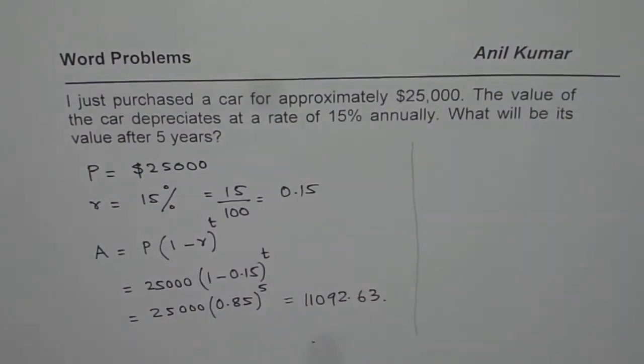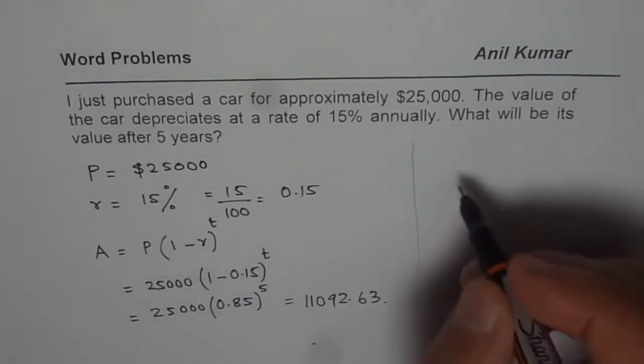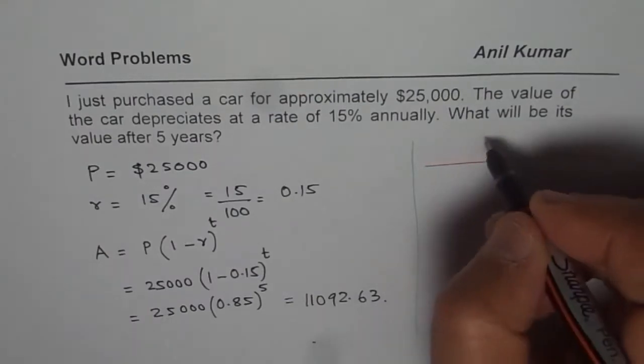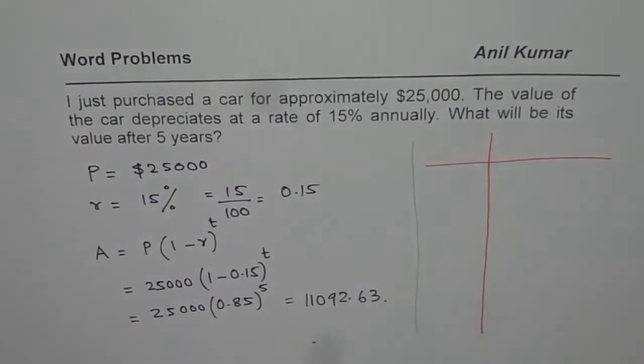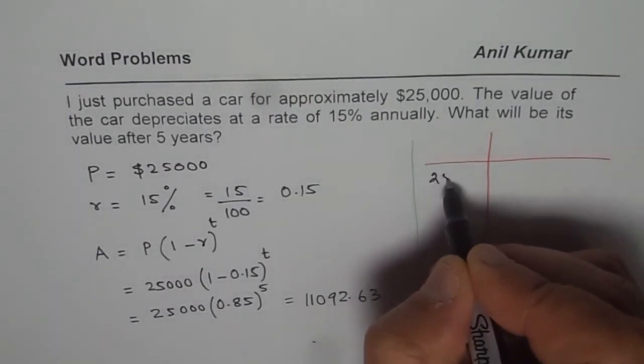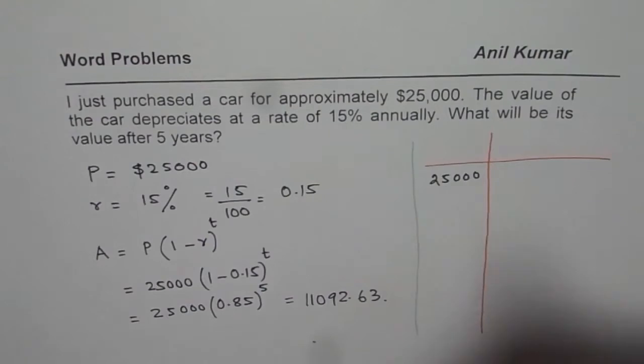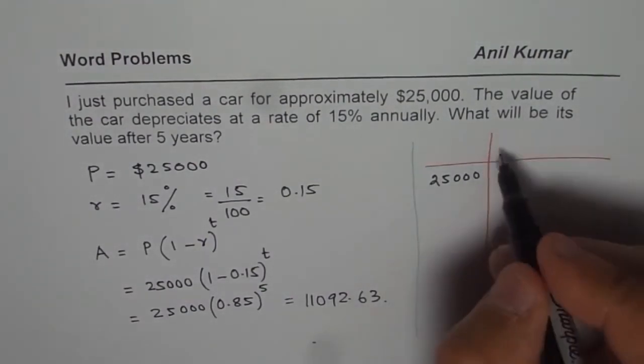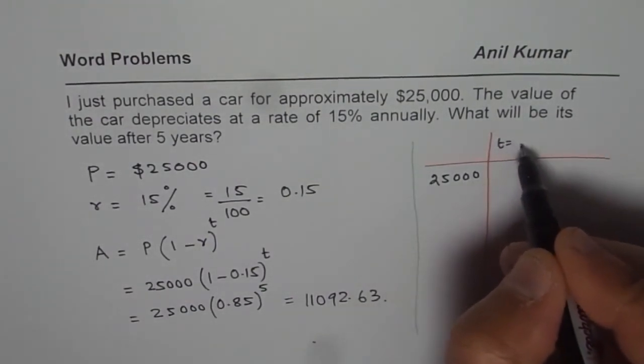Now using the formula, this is the way you can solve it. But in case you don't know the formula, in case you haven't learned this, how are you going to solve the question? In that case, you should be making a table of values. Let this be the original cost, which is 25,000. It says every year, so after 1 year, what will happen?